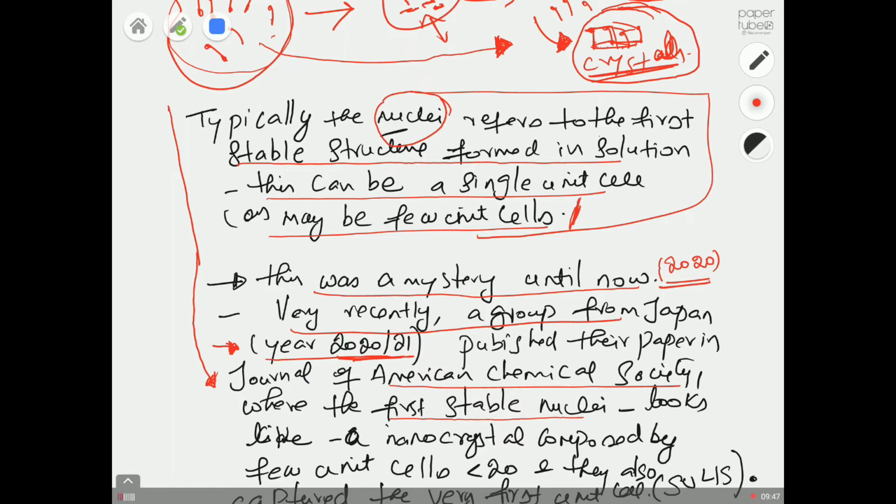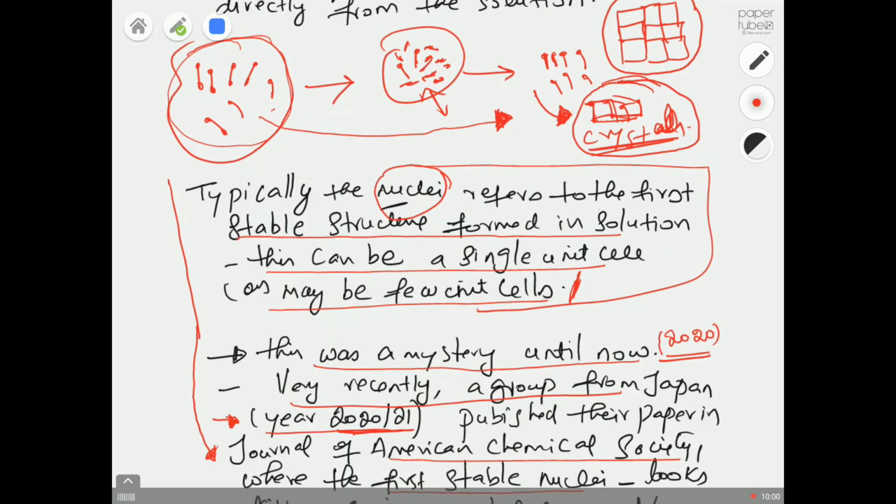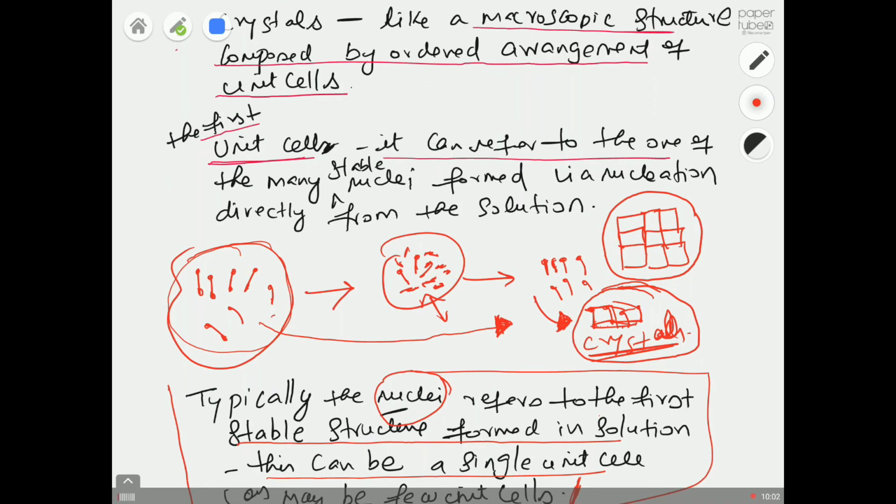And we are in the year 2021. So far we have generated so many Nobel laureates in chemistry and in physics, and only now we managed to crack this code. That's why when I started the lecture I said crystallization is a very tough topic.